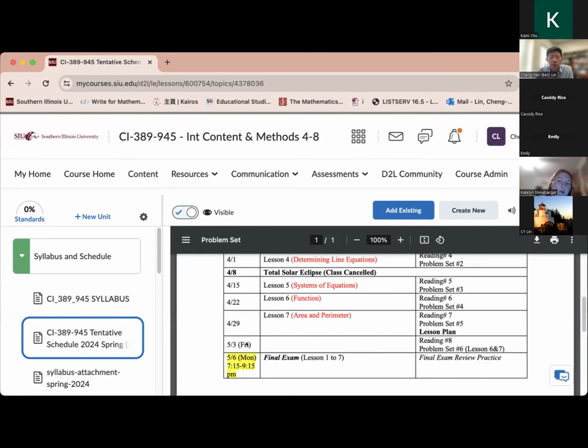And then the other thing is our final exam. Final exam is May 6th. Same time, okay? According to the schedule, it's 7:15 to 9:15, right? So it's Monday, May 6th, 7:15 to 9:15.